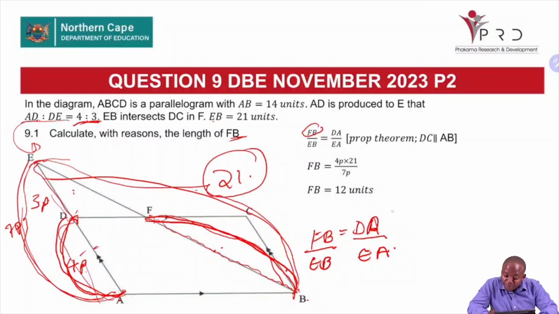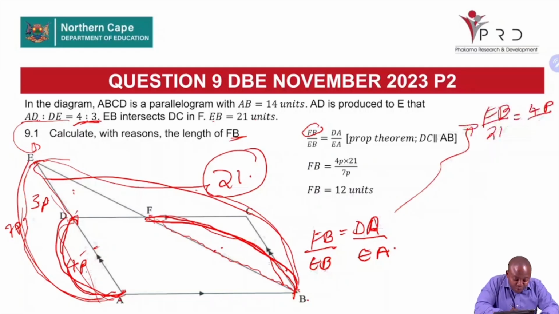Now, what do we do from here? From this statement, I don't have FB, so it's FB over EB. What is EB? EB is 21. It's equals to DA, and DA is 4P, all over EA. EA is 7P. Then what do we now do? We cross multiply. We find that FB is equals to, or we can say multiply by 21 over 1.